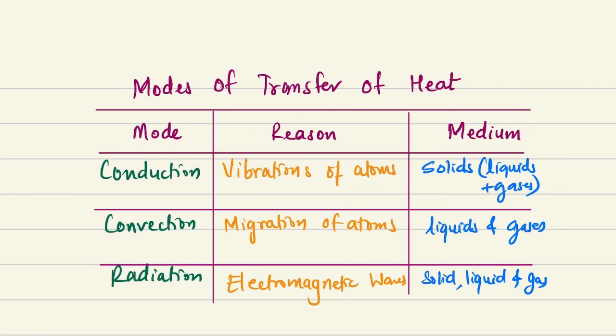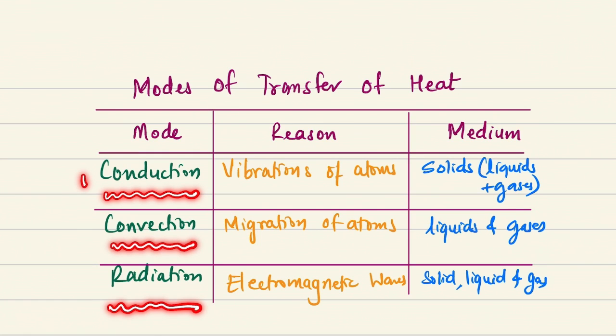So if you see, there are 3 modes of transfer of heat. One is conduction, the other is convection, and the third is called radiation. Now in conduction, the reason for transfer of heat is vibration of atoms.